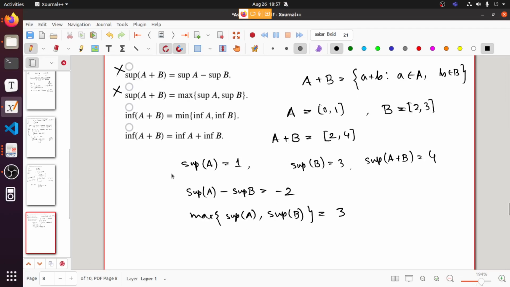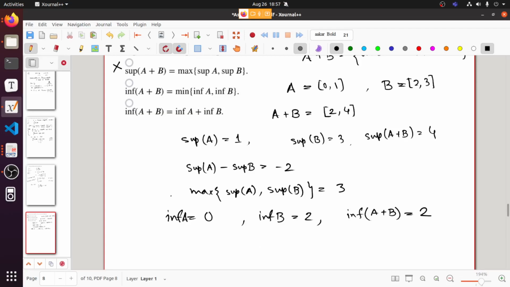Now in terms of infimum, what will be the infimum of A? Infimum of A is 0, right? Infimum of B is 2, because the interval B is [2, 3], and A plus B is [2, 4], so its infimum is 2.